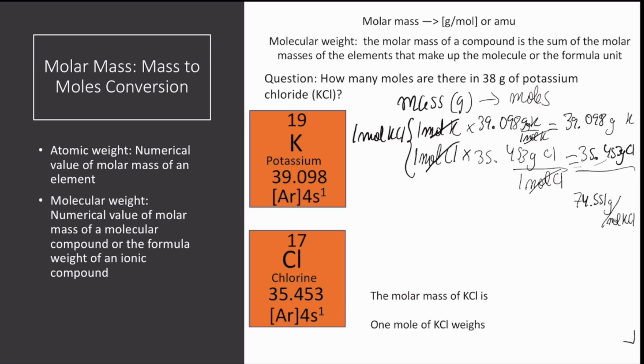Okay, so now we can use this molecular weight of potassium chloride as a conversion factor to go from mass to moles. So we have 38 grams of potassium chloride, and we multiply times this conversion factor in a way that grams is in the opposite way as this one, so in the denominator.